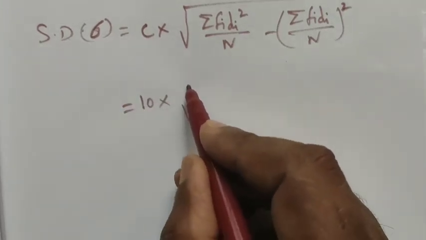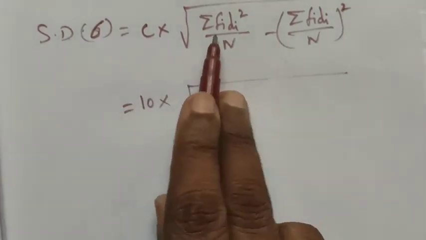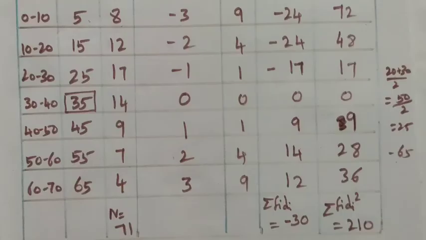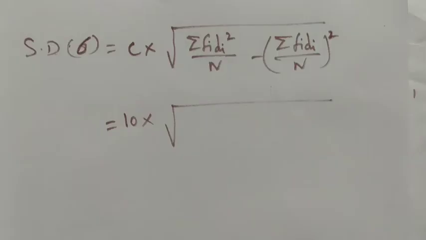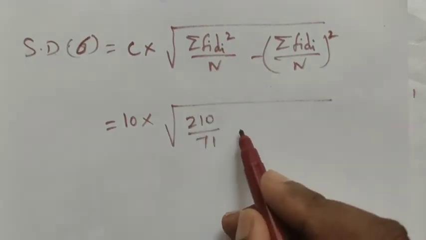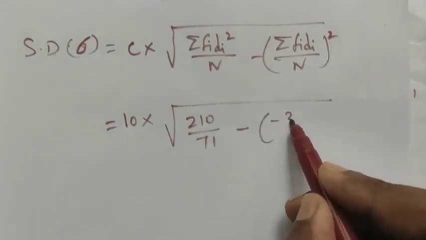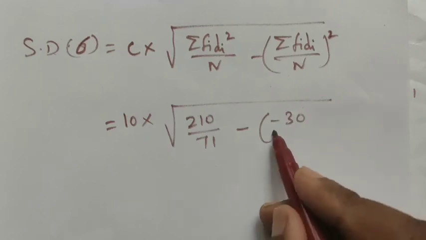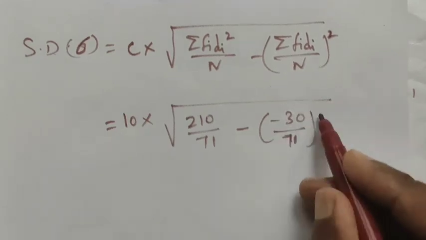Summation fi di square is nothing but 210 and summation fi di is nothing but minus 30. So we get 210 divided by n, which is 71, minus 30 divided by 71, whole square.